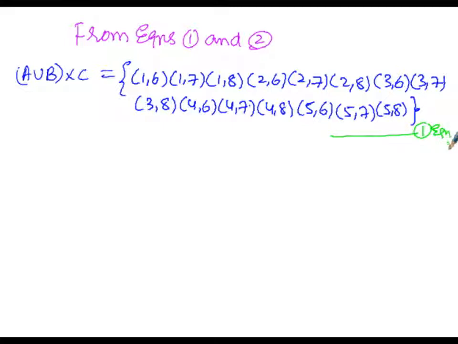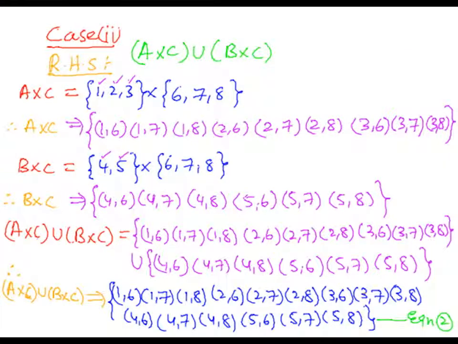Whereas the right hand side of the second equation is of A cross C union B cross C, which is equal to the set consisting of the elements 1 6, 1 7, 1 8 and similarly so on up to 5 6, 5 7, 5 8.